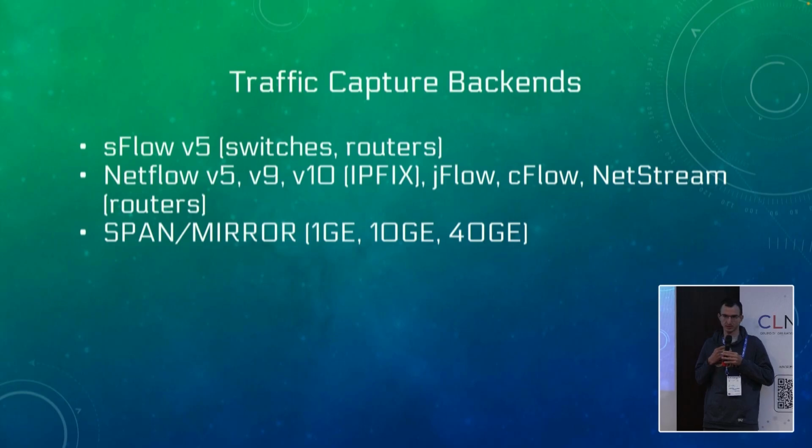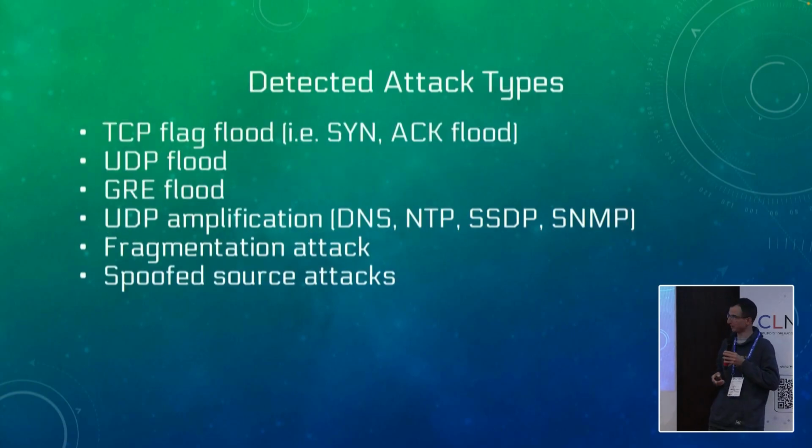From my personal taste, sFlow or inline monitoring services on the Juniper platform are the best protocols for DDoS detection. But again, it's not for us to decide. If you already have some traffic telemetry, let's use it, and FastNetMon will handle it very well. And again, names of detected attacks exactly match vectors of attack, which I explained at the beginning of the presentation.